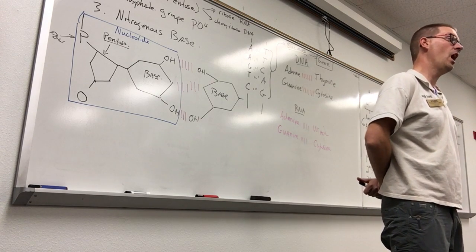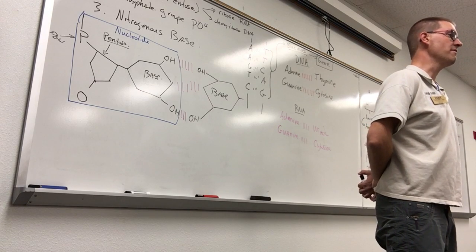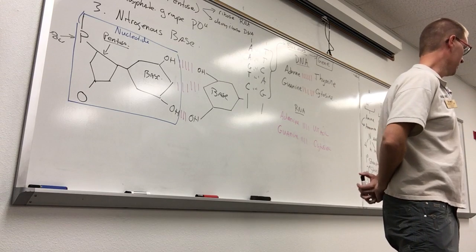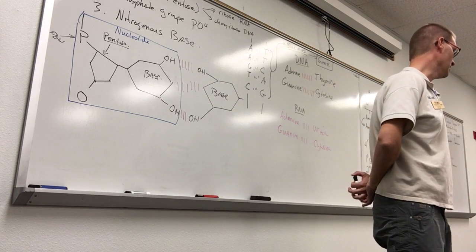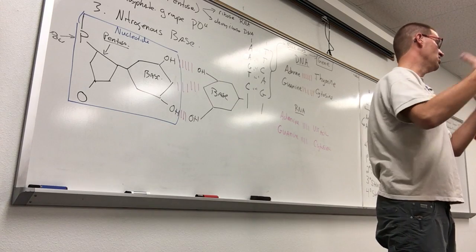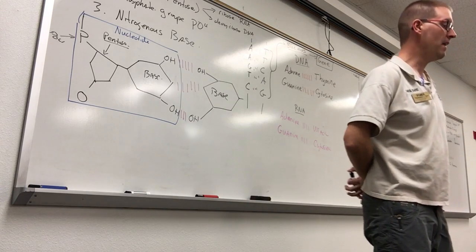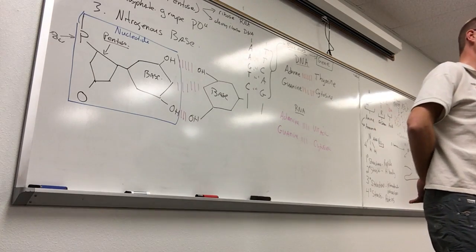So if somebody has an autosomal disease, that is a defective gene on one of the other chromosomes that is not a sex chromosome. And if they have a sex-linked disease, then that is involving a gene on one of their sex chromosomes.